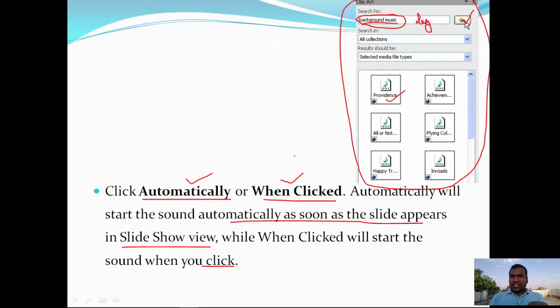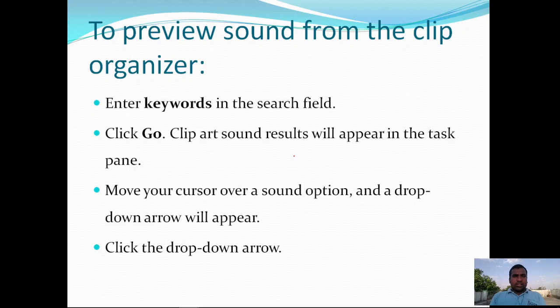When you go with the when clicked option, then while giving the presentation in the slideshow view, whenever you perform the click operation, that particular sound is going to be played. Okay, so this is about insertion of a sound file from the clip organizer.